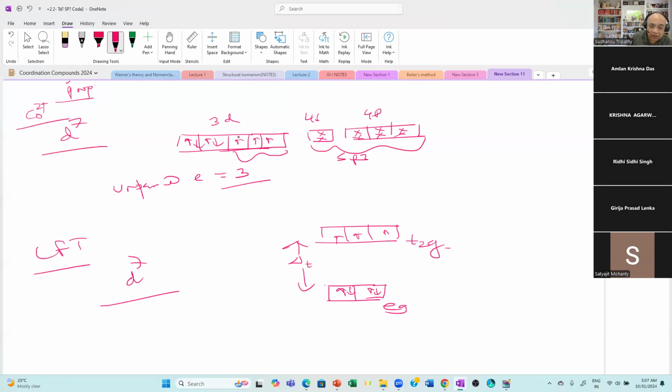But we can think of a good, not very intense, but moderately intense color, because this can go without change of spin to pair, and as a tetrahedral geometry, the Laporte selection rule is partially followed, as well as the spin selection rule is followed, delta S is equal to 0.